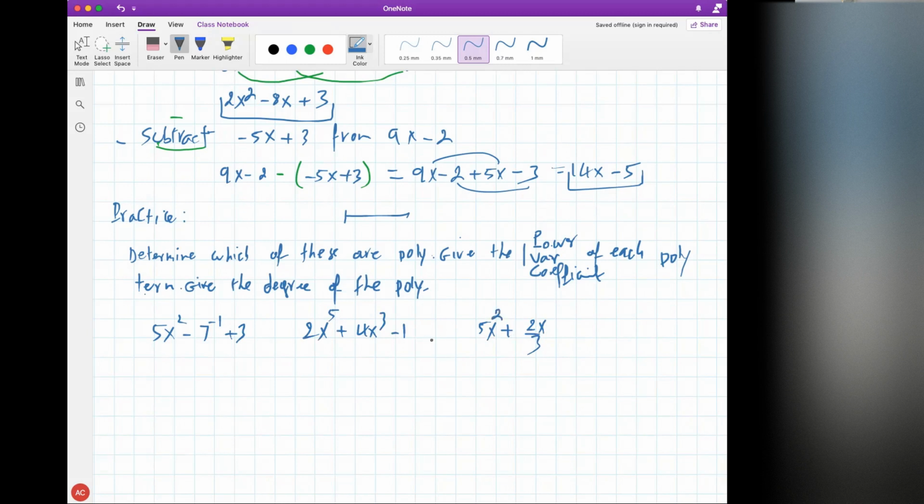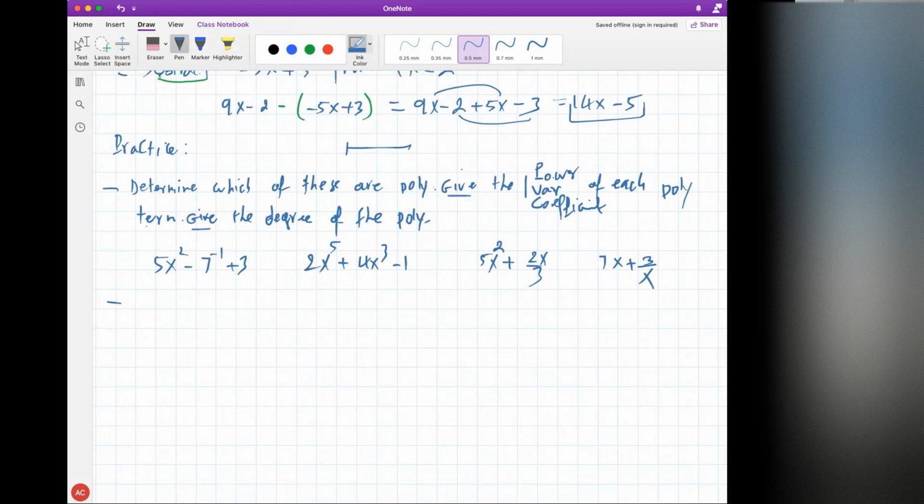So it should be 2 and 7x plus 3 over x. Again, only if it's a polynomial, give this, and give that. If it's not a polynomial, you move on to the next.